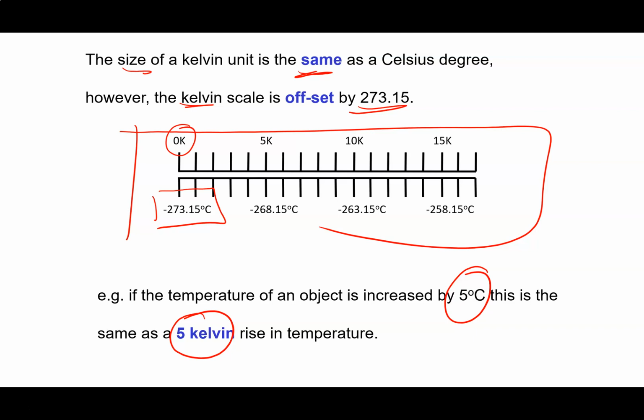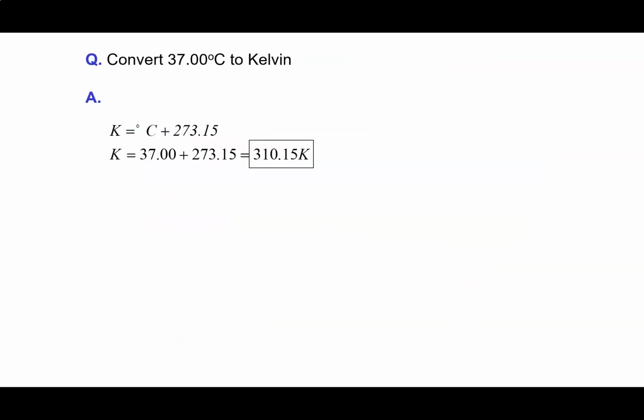So if something goes up by 5 degrees Celsius, it went up by 5 Kelvin. So you don't have to do any math. So what that means for us is to interchange between these two systems, all we have to do is add or subtract 273.15. So if I want to convert 37 degrees Celsius to Kelvin, all I got to do is add 273.15.